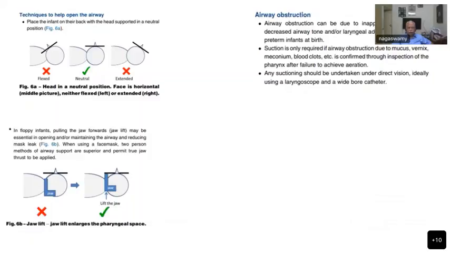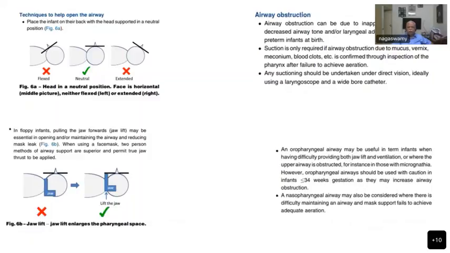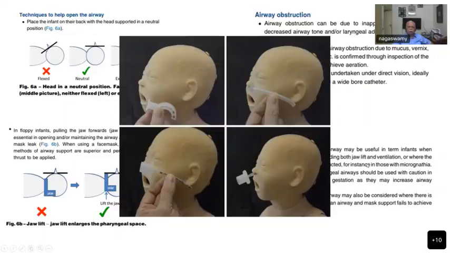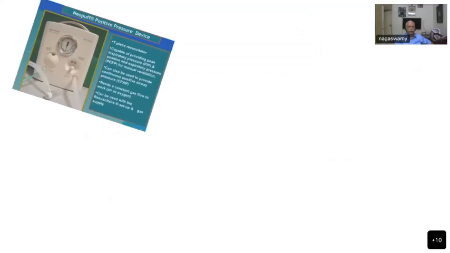An oropharyngeal airway may sometimes be needed, or a nasopharyngeal airway can also be considered. The length of the oropharyngeal airway is decided from the angle of the mouth to the angle of the mandible, whereas for nasopharyngeal, it is from the nares to the tragus. So these are the small differences between these two methods of assessing the airway.